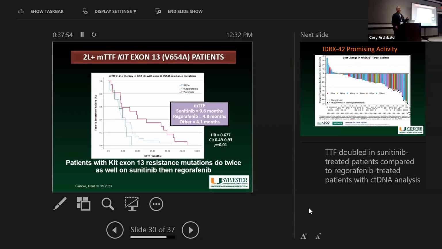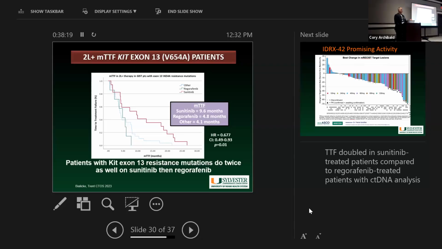And if you remember the background data that I showed from the beginning, sunitinib is about 6 months PFS from the clinical trial, and we saw 9.6 when the exon 13 subset was treated. So that's an area that's evolving. There's some prospective clinical trials evaluating that data.